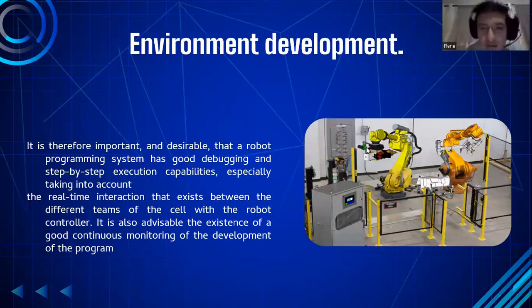Well, now I'm talking about the environment development. The programming language is of great importance in order to achieve a considerable increase in program productivity and to have the development suit your needs.